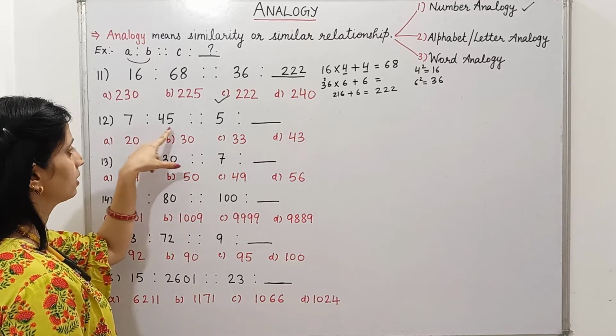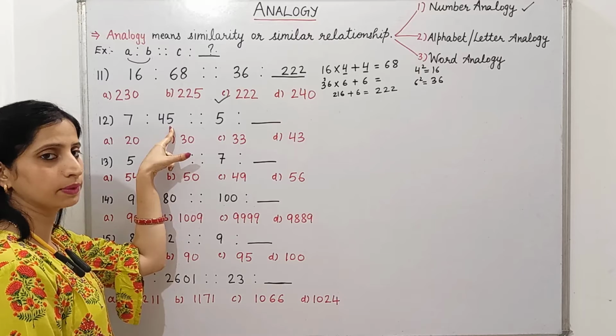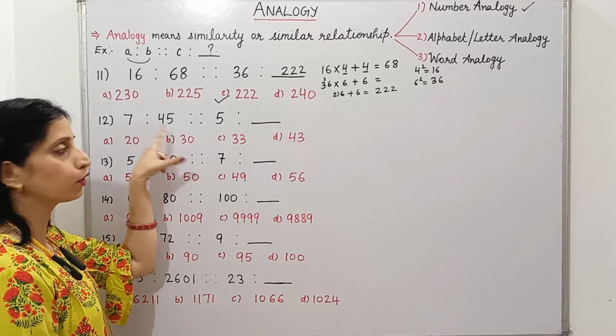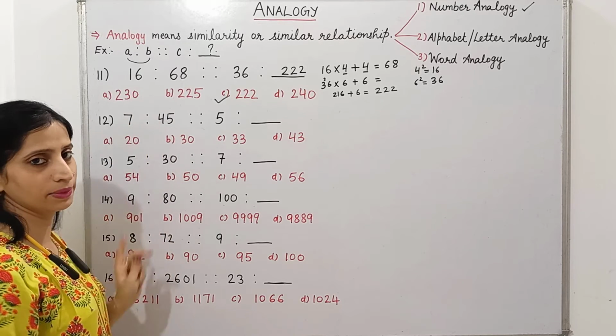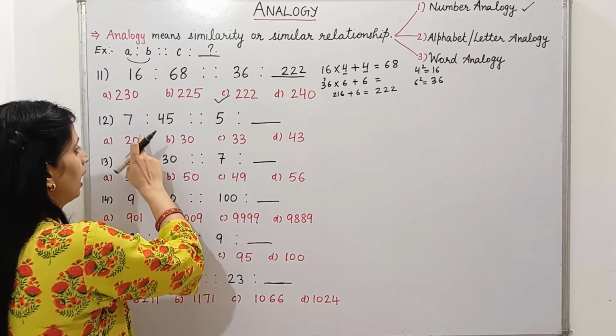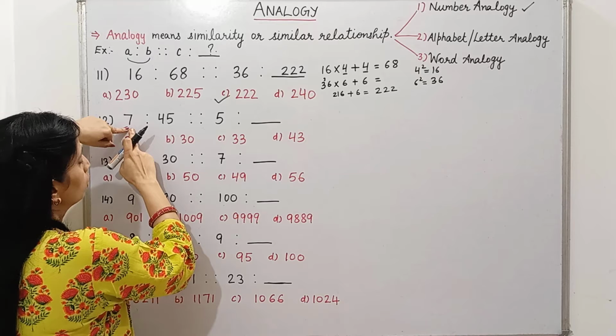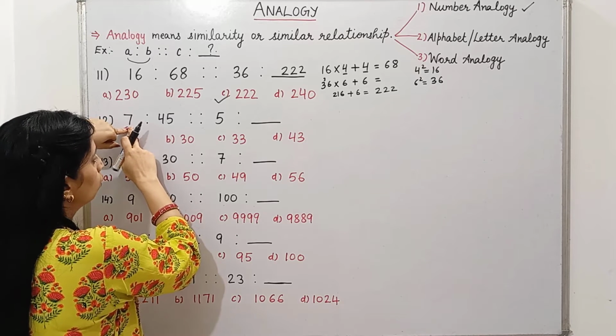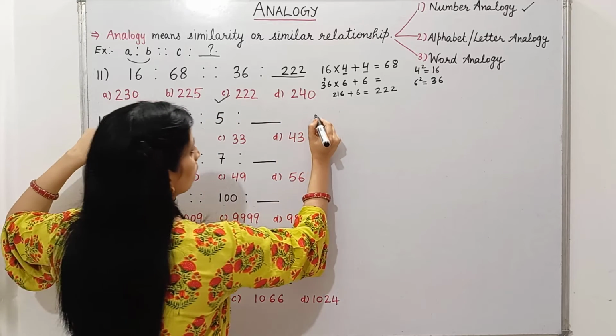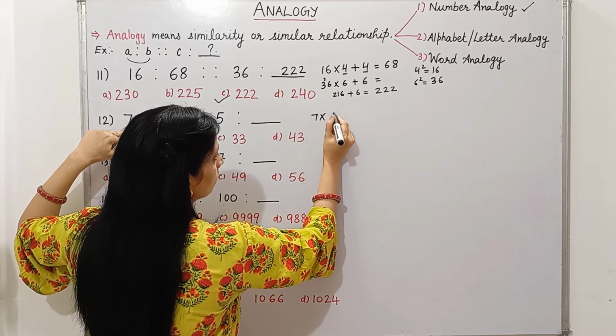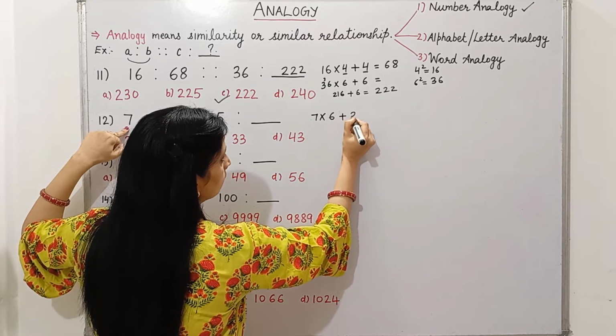So 7, we can see that 45 is not a multiple of 7. We cannot get 45 by directly multiplying 7 by any number. Okay, so we have to multiply 7 by some number and then add some number. So 7 6s are 42. 42 plus 3 is 45. 7 multiplied by 6 plus 3.